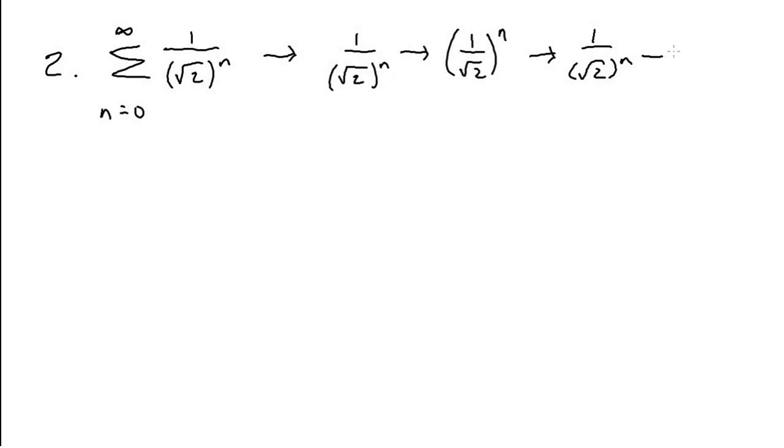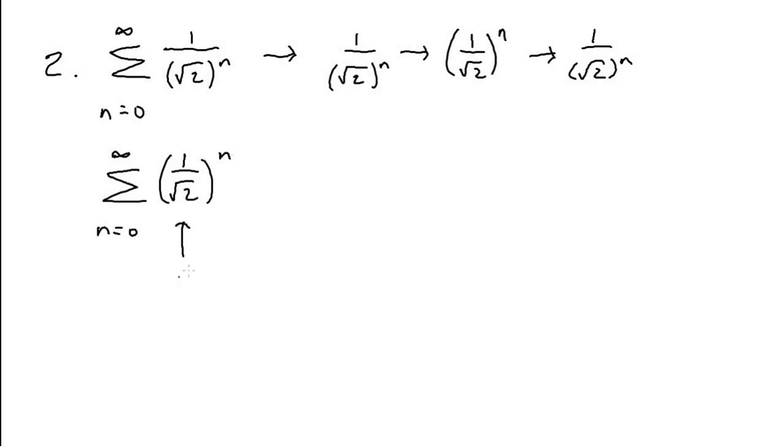So if I rewrite it as the series from n equals 0 to infinity of 1 over the square root of 2 all to the n power, now it looks more like a geometric series. Obviously we don't have the a value, but we don't need the a value, so it's just 1. And the r value is what we need here.